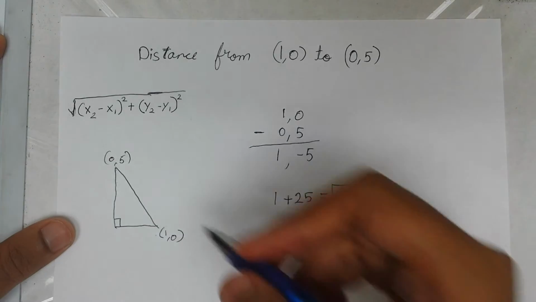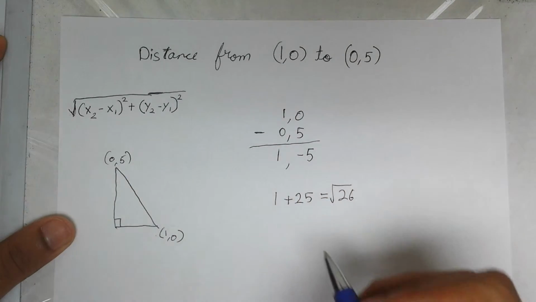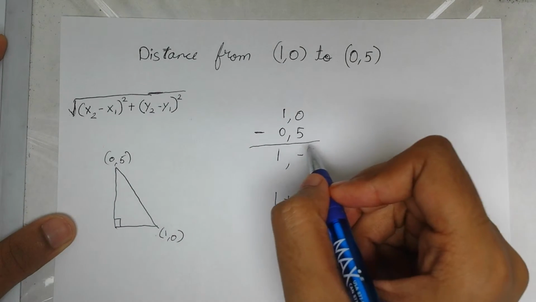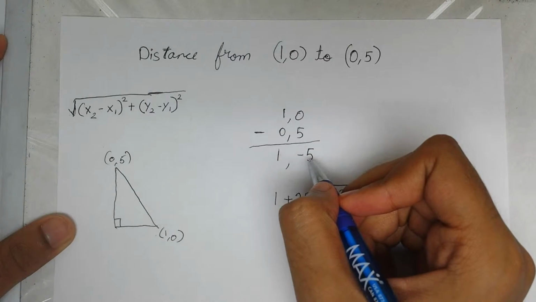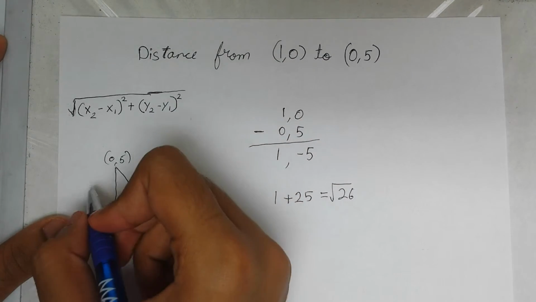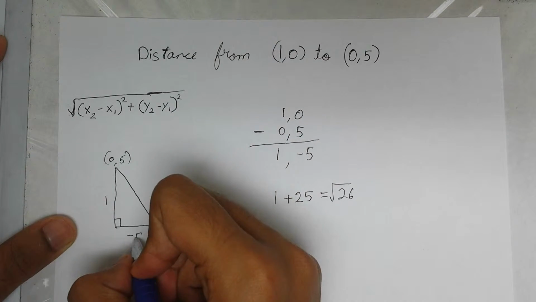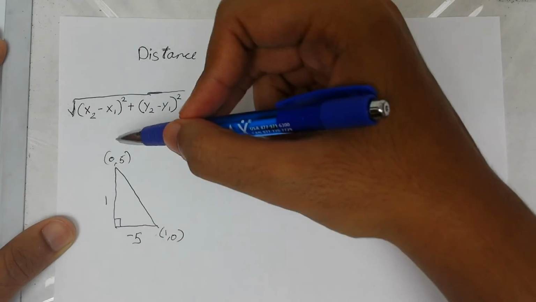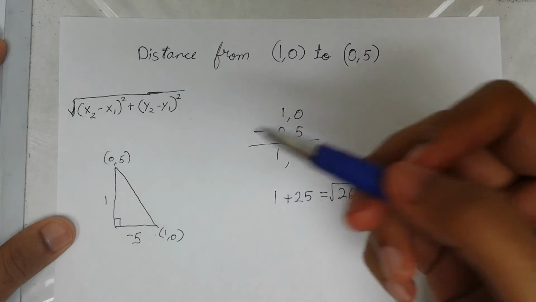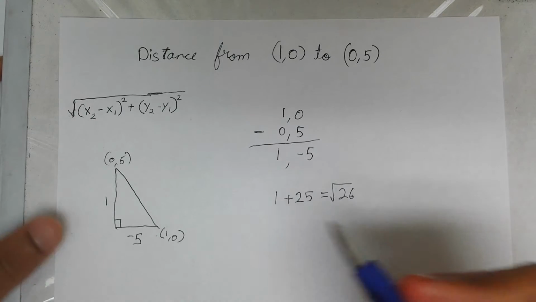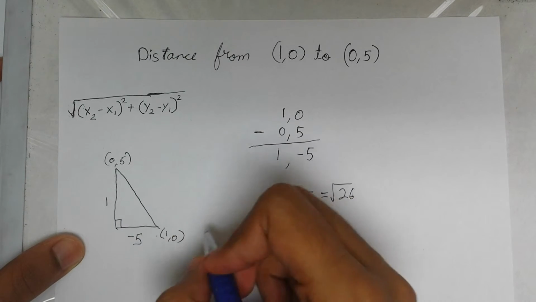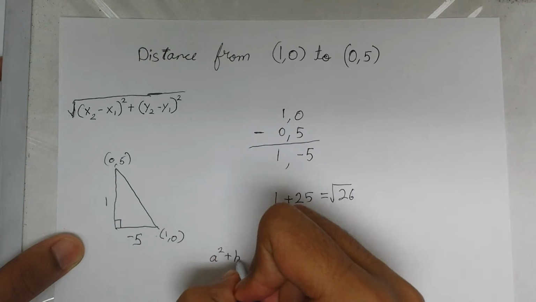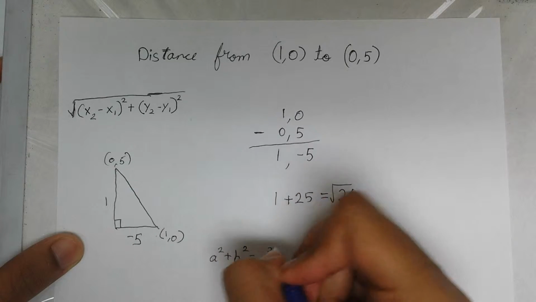And you want to find the distance between these 2 points. So when we subtract these 2 points, the 1 and the negative 5 are actually the 2 sides. So, using the Pythagorean theorem, which we all know basically is a squared plus b squared equals c squared.